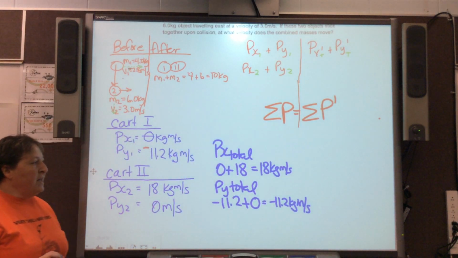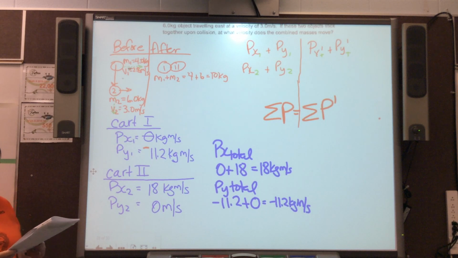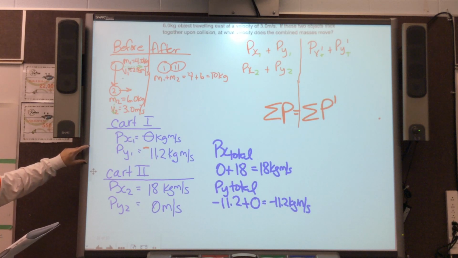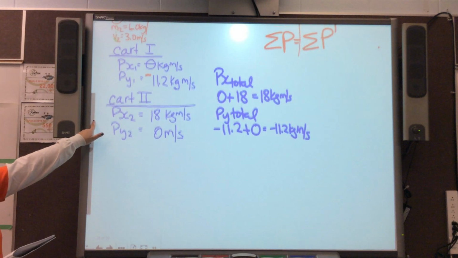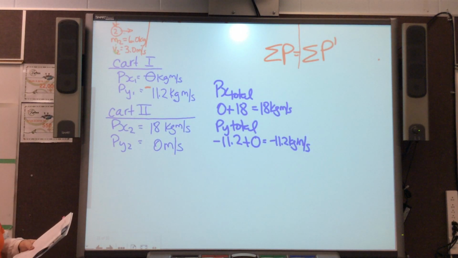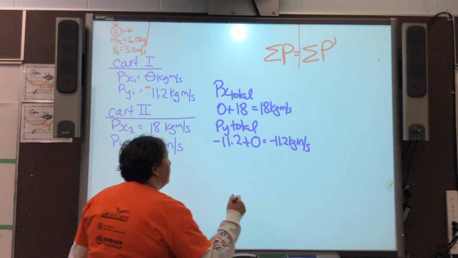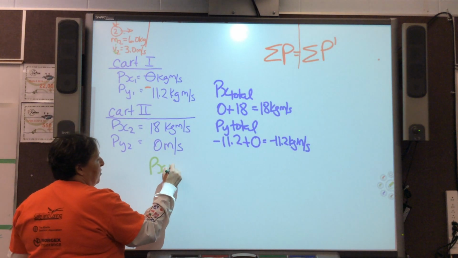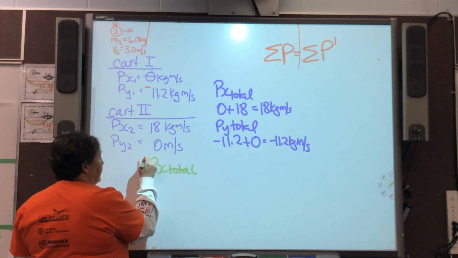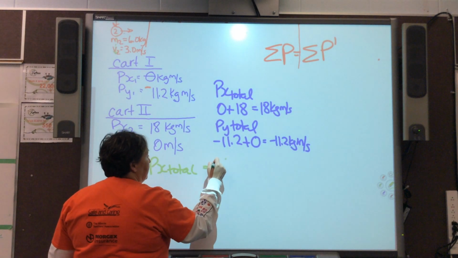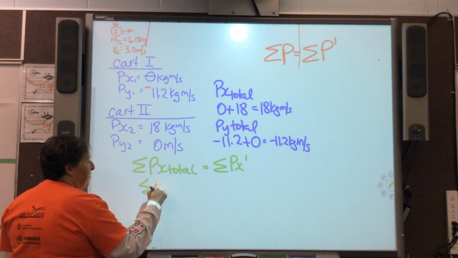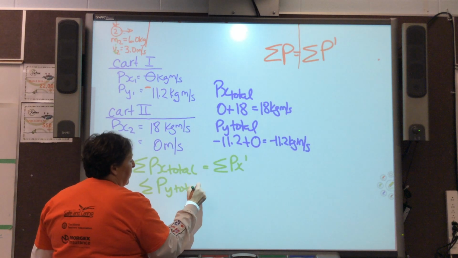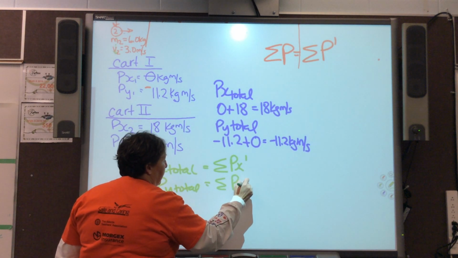Okay, that's our Px total and our Py total before. And so what we say here is that our sum of px total before is equal to our sum of px total prime, and our sum of py total before is equal to our sum of py prime.